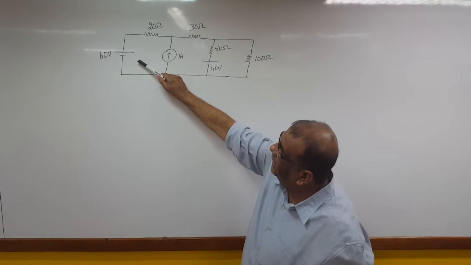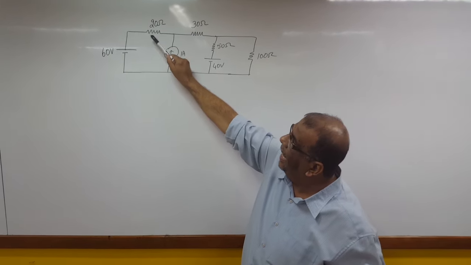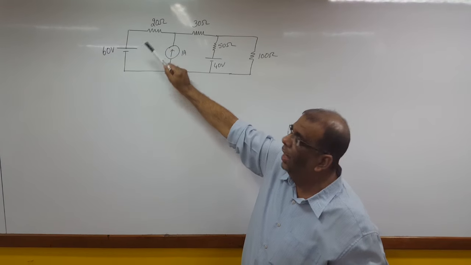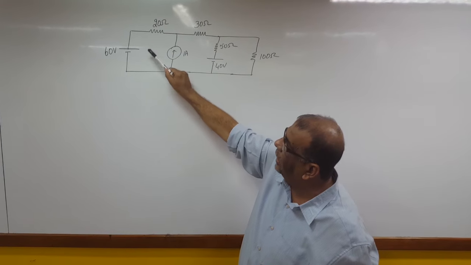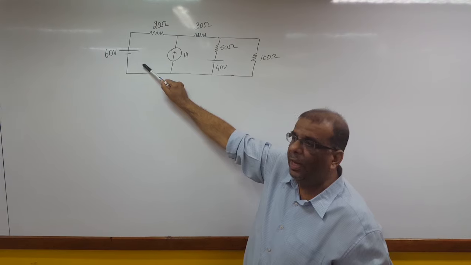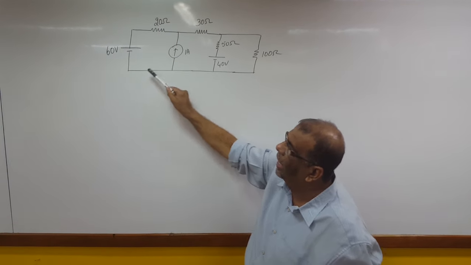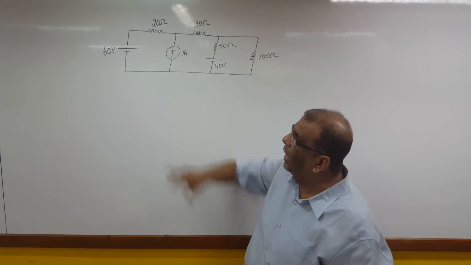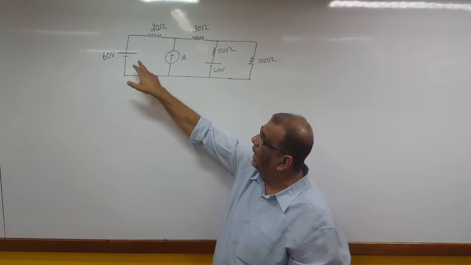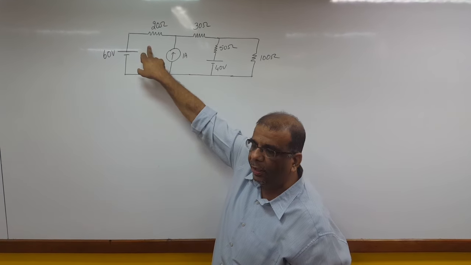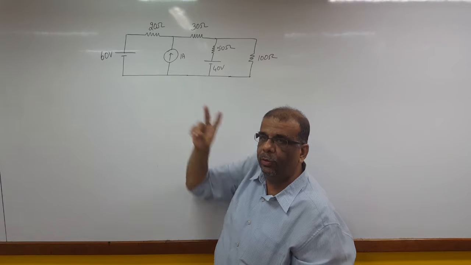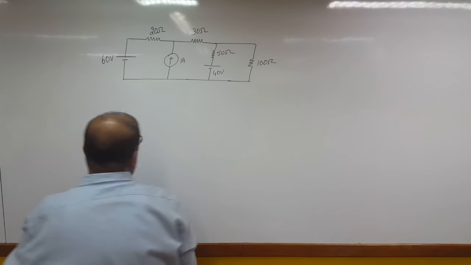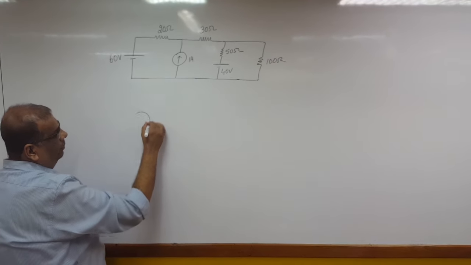I can see the 60 volts battery and a 20 ohm resistance. This battery and this resistance are connected in series. I can convert this to a current source. To convert this to a current source, 60 upon 20. 60 upon 20 gives me 3 amperes.